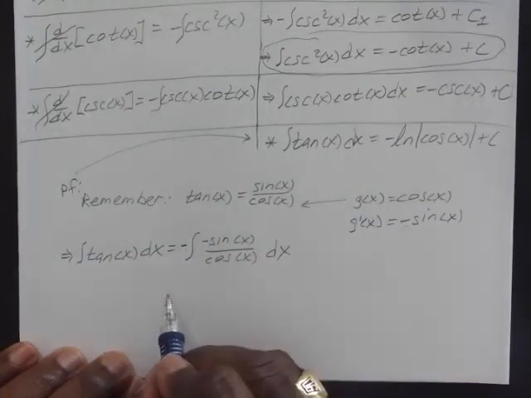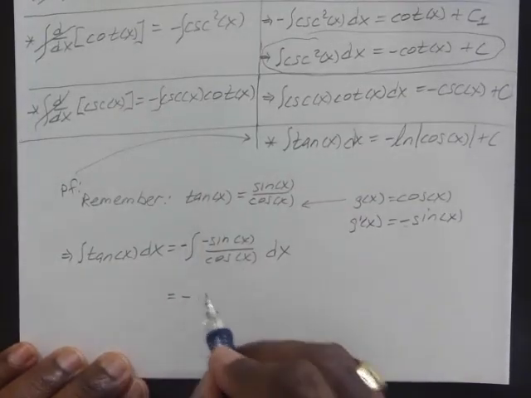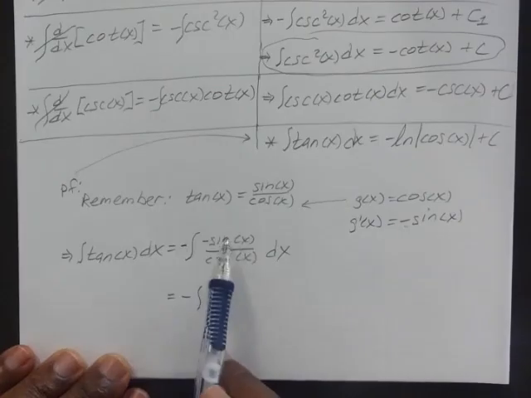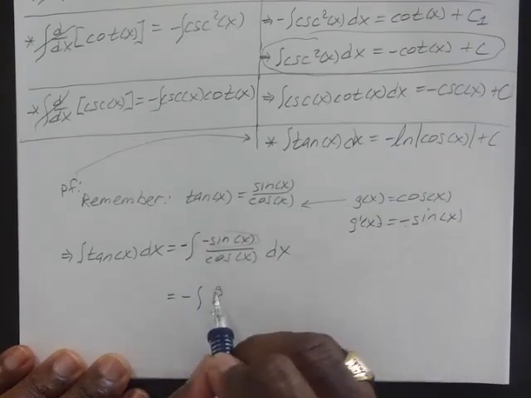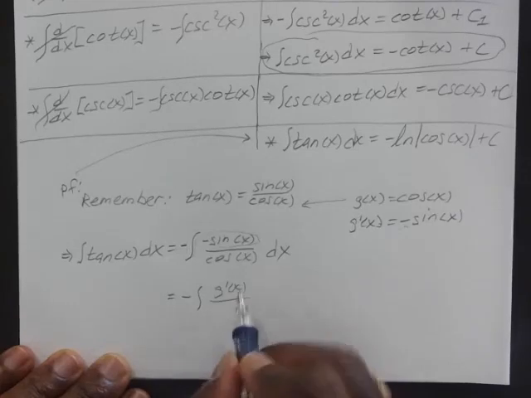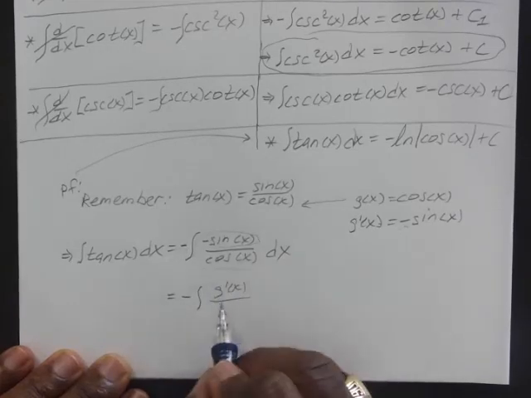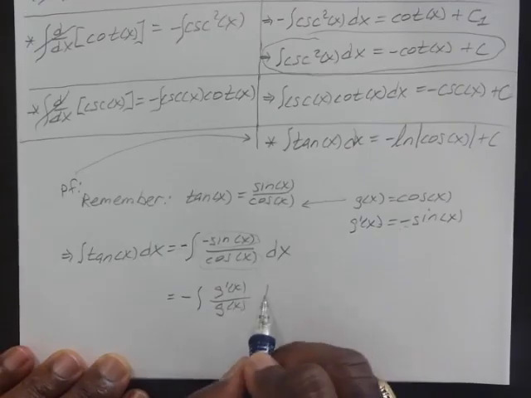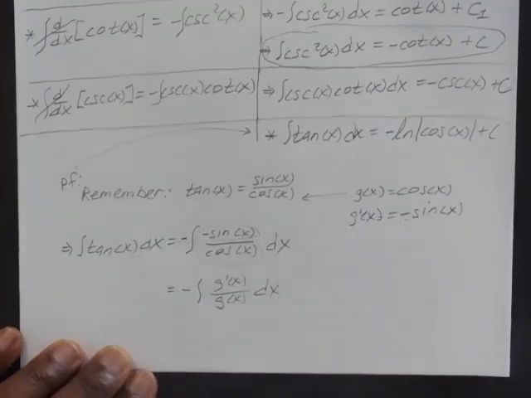So what that gives us is the negative antiderivative of your g prime of x divided by your g of x with respect to x.